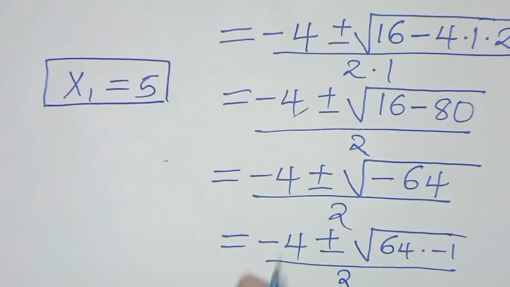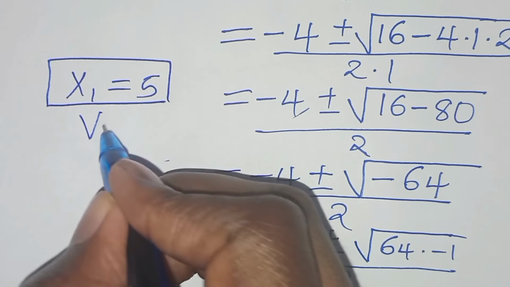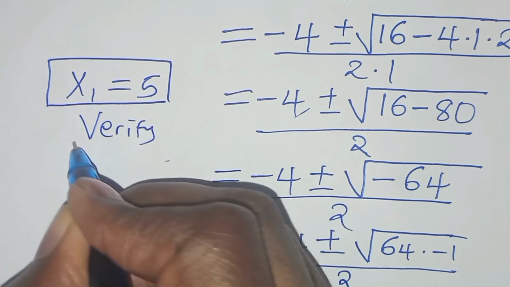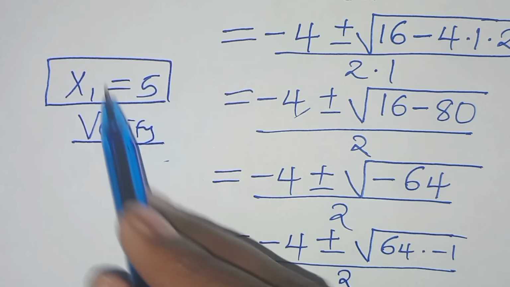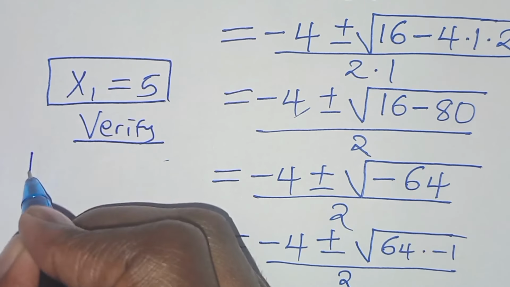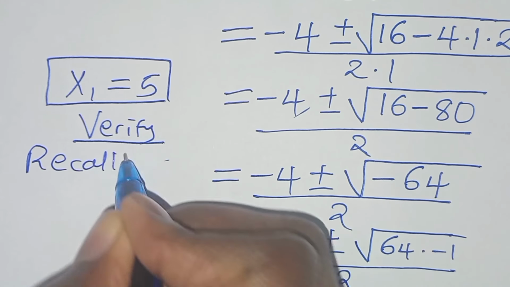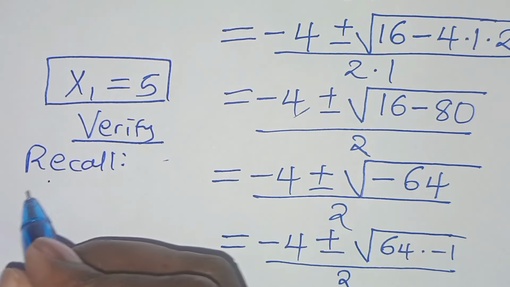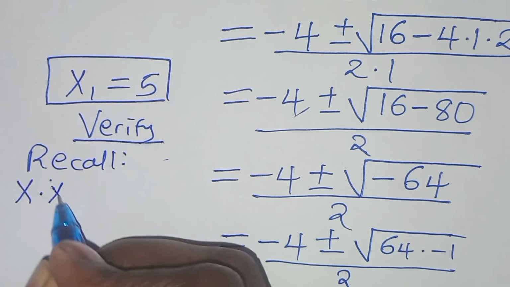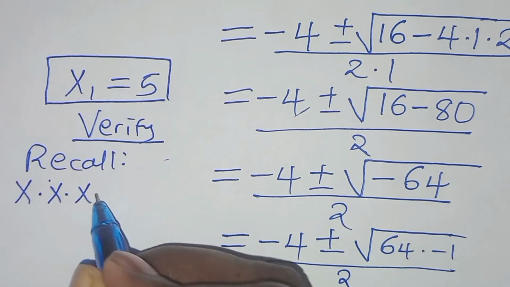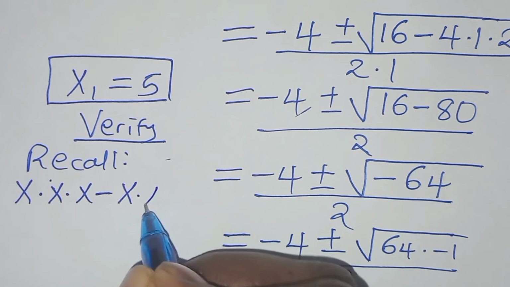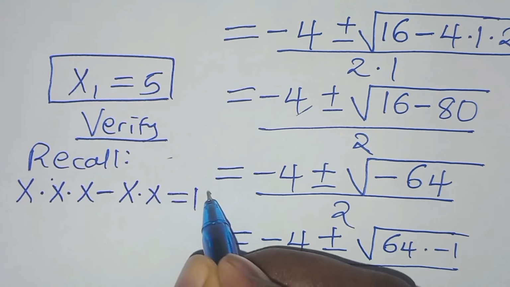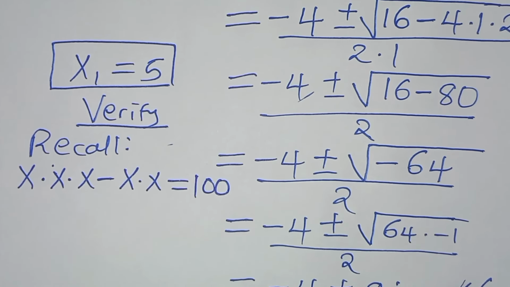So the next step is to verify that x1 satisfies the equation. If you recall, x times x times x minus x times x should give us a value of 100.